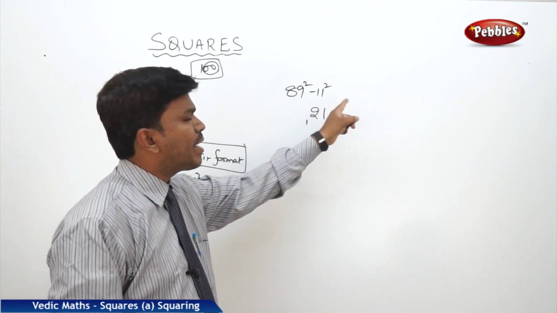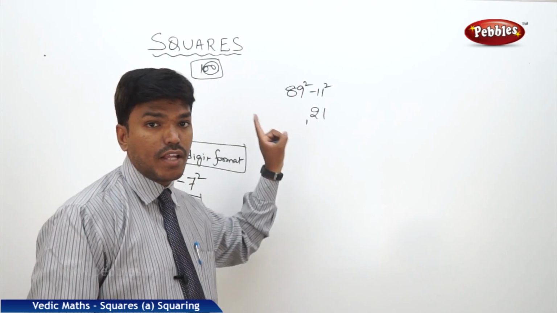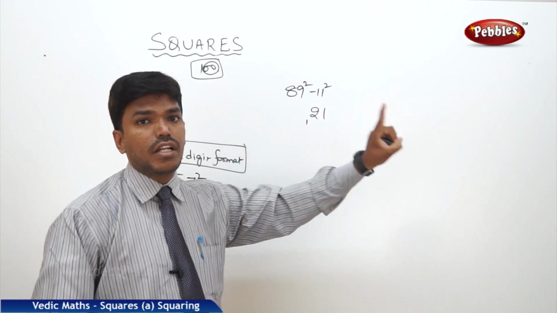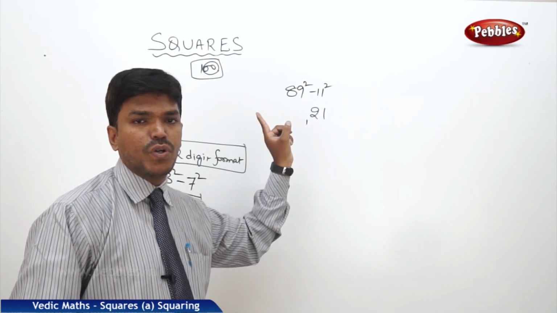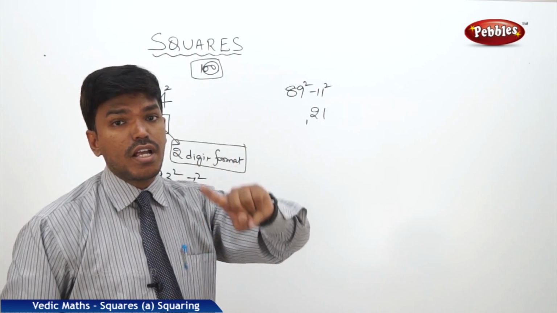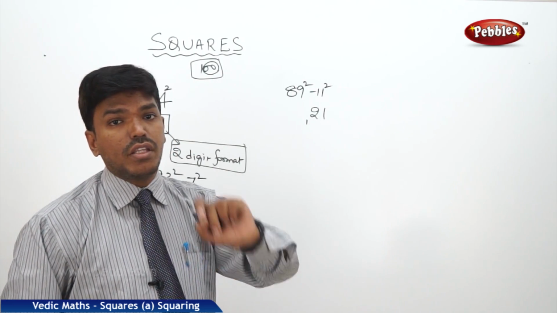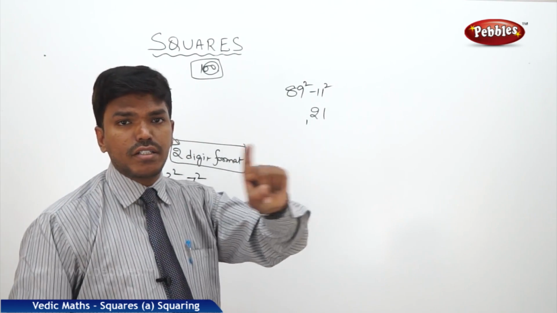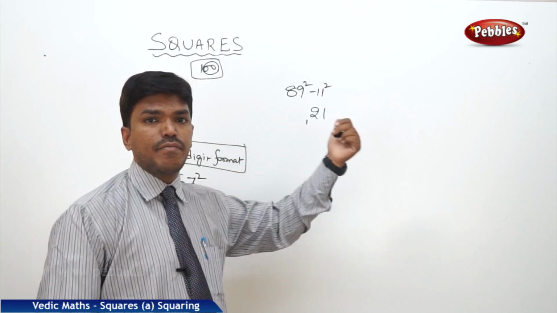Now what is 89 minus 11? What I said, the left side part of the answer we will get by subtracting the deficient digit from the main number. What is the deficient number that you got when you compare the main number 89 with 100? 11. So what is 89 minus 11?